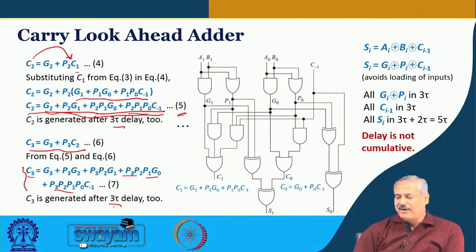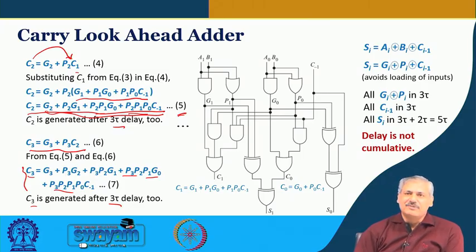So, irrespective of the number of bits, the time required to generate the carry is 3 tau, by bringing this kind of parallelism instead of the serial mode of carry generation that we had seen before. Now, one needs to be careful about how many gates it is getting connected to, the fan-in and fan-out issues. As long as that is not violated, it is able to source or sink as much current as needed, so there is no issue.